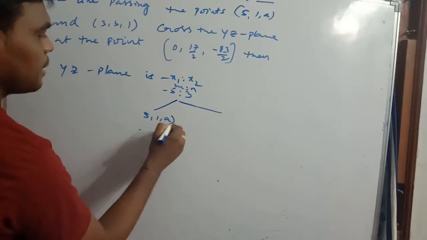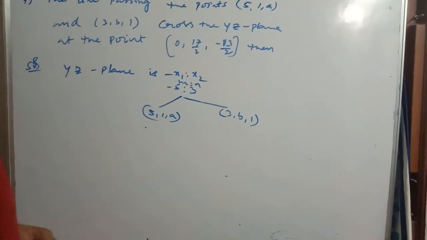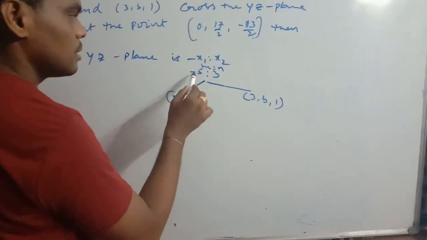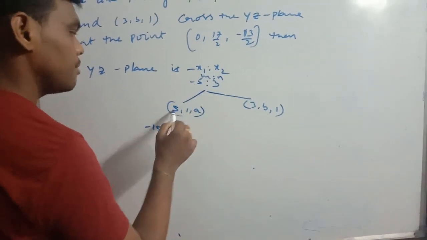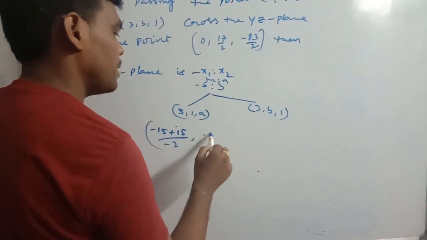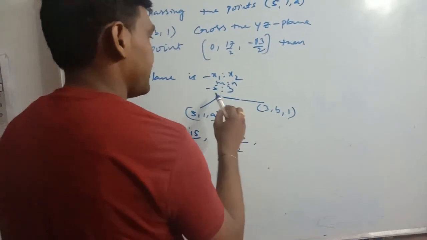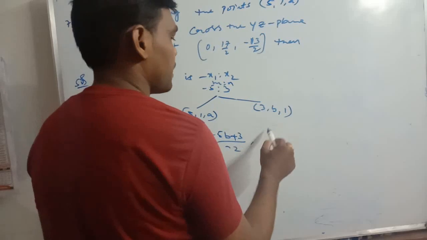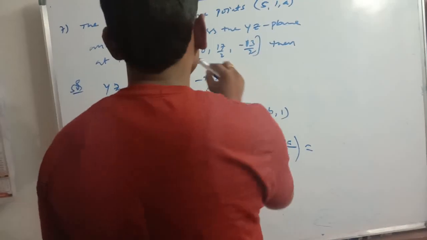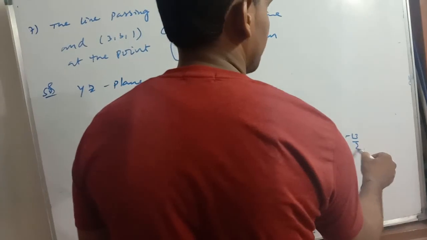Now (m x2 plus n x1) by (m plus n), that means minus 15 plus 15 by minus 2, minus 5b plus 3 by minus 2, and the z coordinate is minus 5 plus 3a by minus 2, and this is equal to the point 0, 17 by 2, minus 13 by 2.